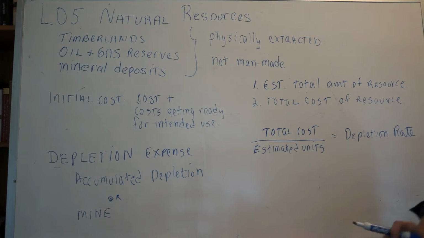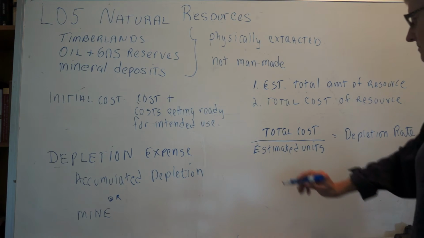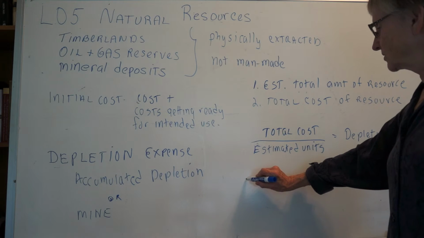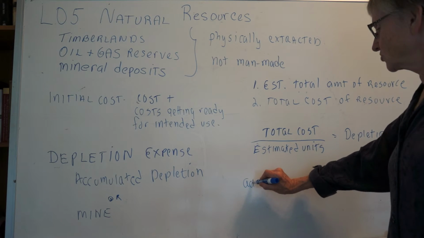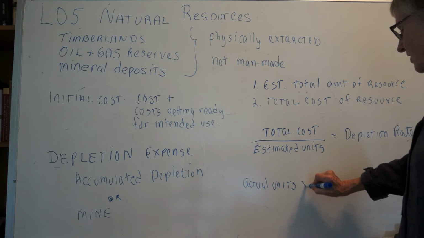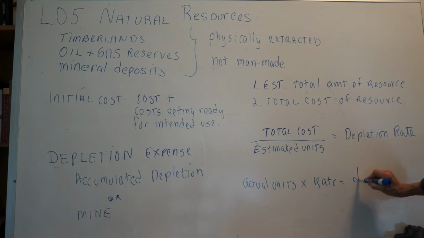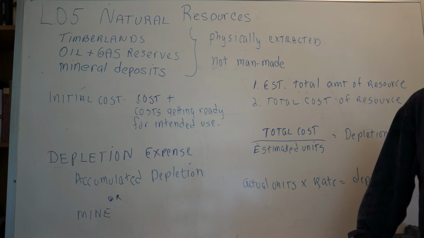Okay, and then you have to figure out exactly how much you extracted this year. And so then you're going to do the actual units extracted times that rate, which will give you the depletion expense for the year.